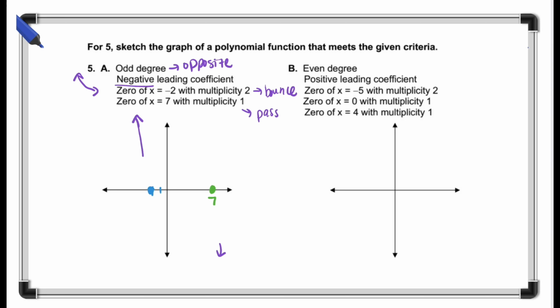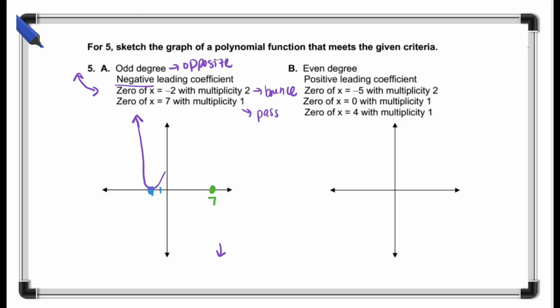So I'm going to go down, and I'm going to touch that blue x-intercept, and I know that I have to bounce. And I know when I come back down to pass through the 0 of 7, I got to cross right to the other side of my x-axis, and I'm going to pass through going down. It's going to end negative.